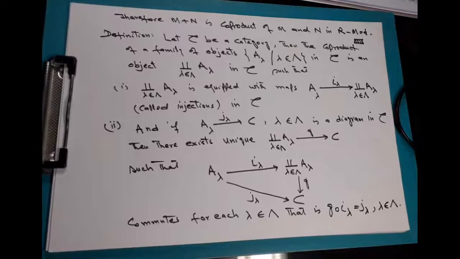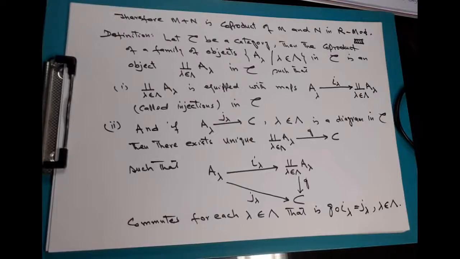So this is the definition for the co-product of an indexed family of objects in a category C. It looks slightly complicated, but if you try to understand it with the help of the co-product of two objects, you will be able to make it.